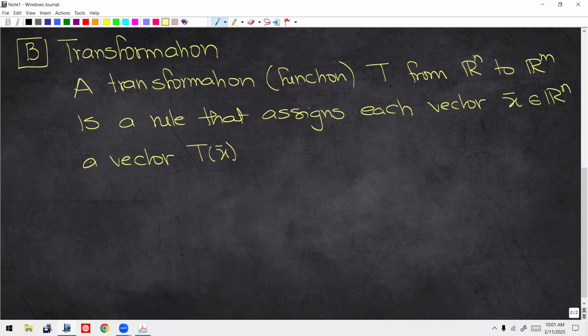Okay, so keep in mind this is also a vector, so you could put a bar there, but that gets tedious to write, so I'll just write T of x.